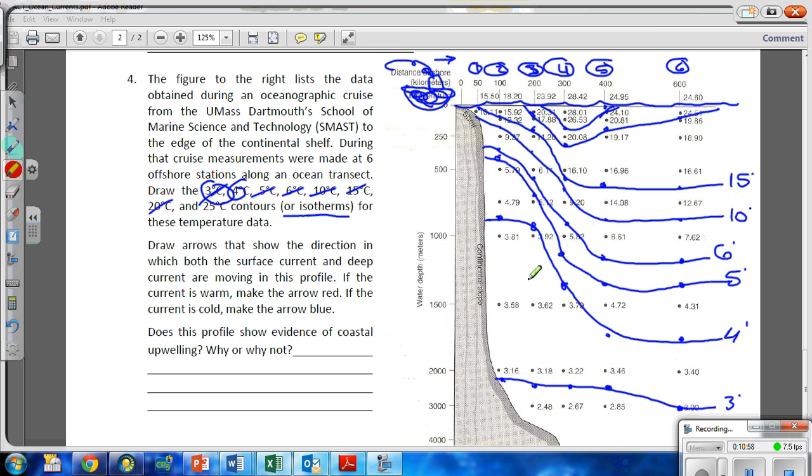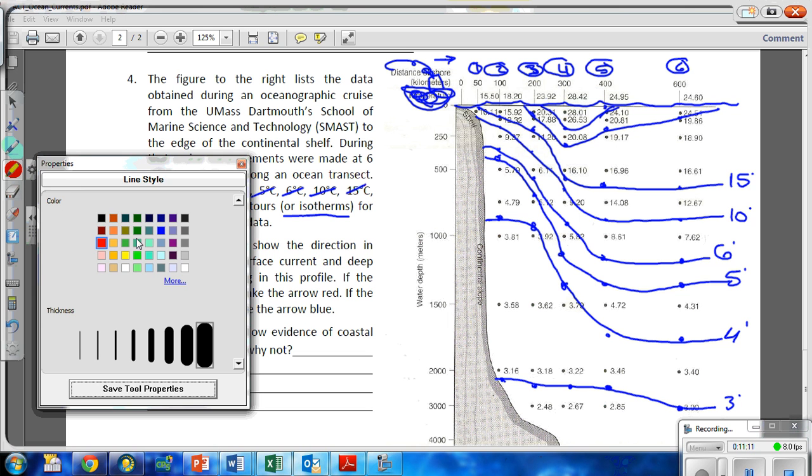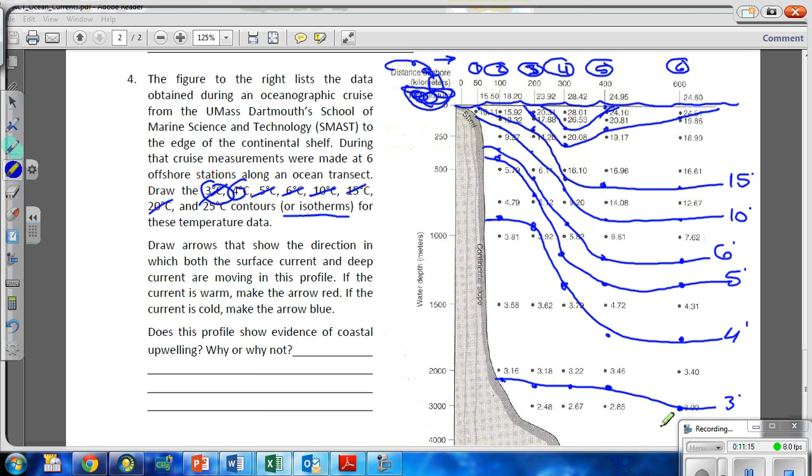Okay, so here is the finished product, and the only question we have to answer is, does this profile show evidence of coastal upwelling? Well, remember, in coastal upwelling, we see cold water moving up towards the shoreline. And indeed, we certainly see that here. Take a look. This is all cold water going up towards the coastline.